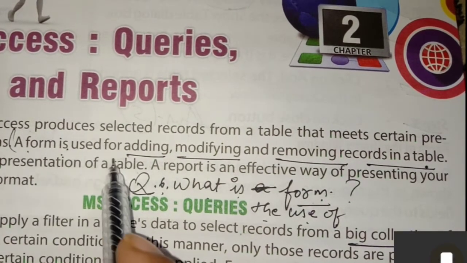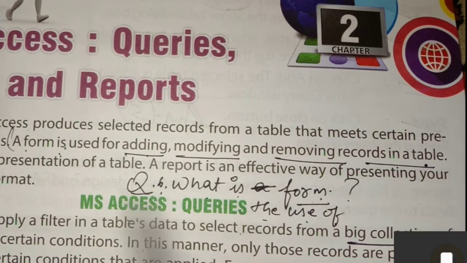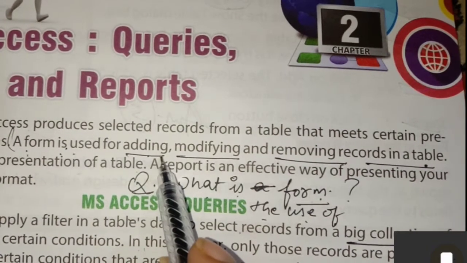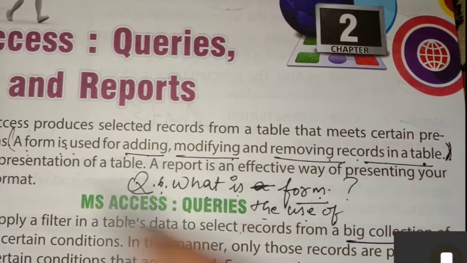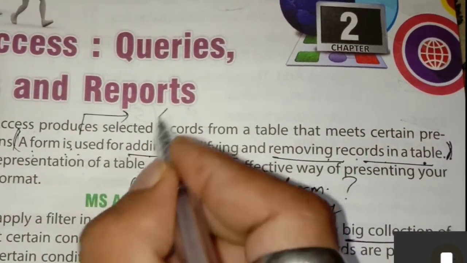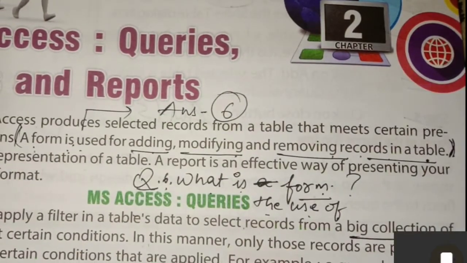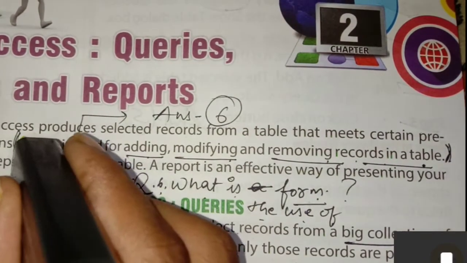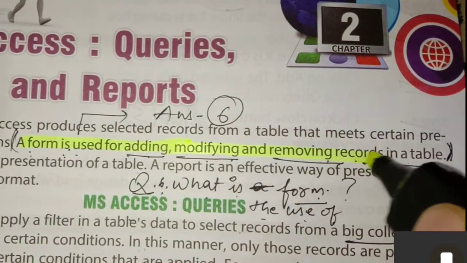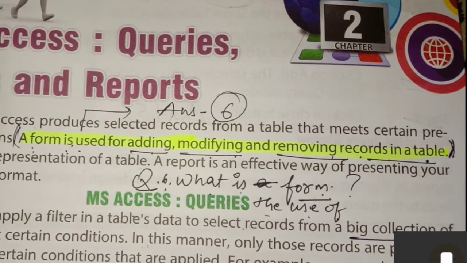A form is used for adding, modifying, and removing records in a table. This is your answer 6th. Okay. From where to where? A form is used for adding, modifying, and removing records in a table. Did you get?